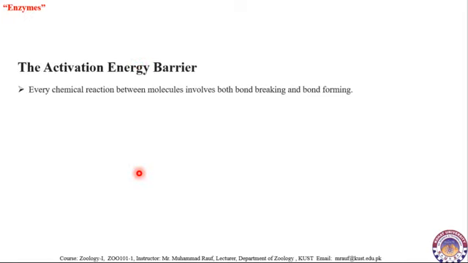Now, the activation energy barrier. Activation energy is the minimum amount of energy required to convert reactants into products. Every chemical reaction between molecules involves both bond breaking and bond forming.